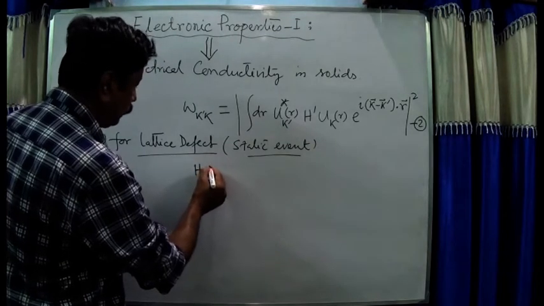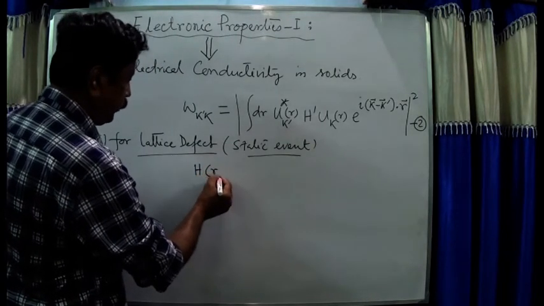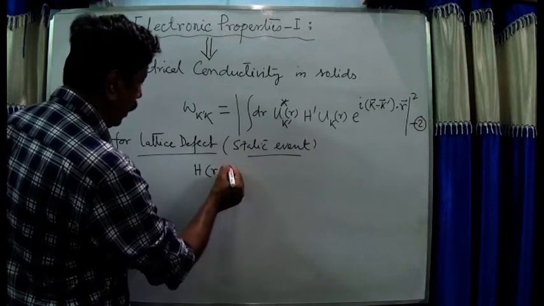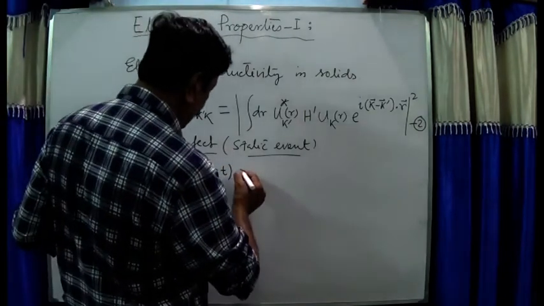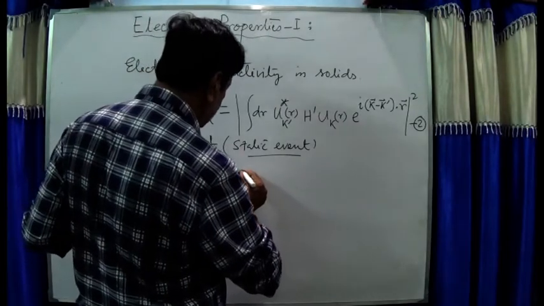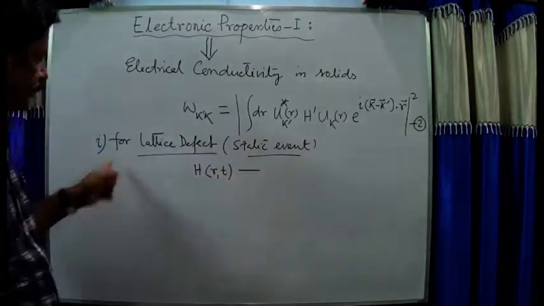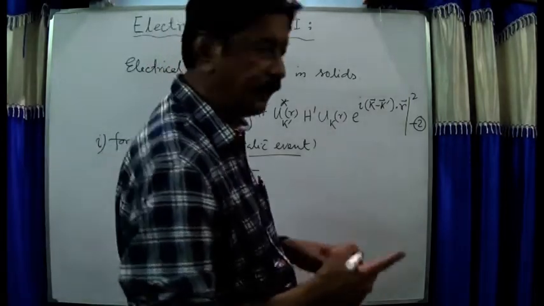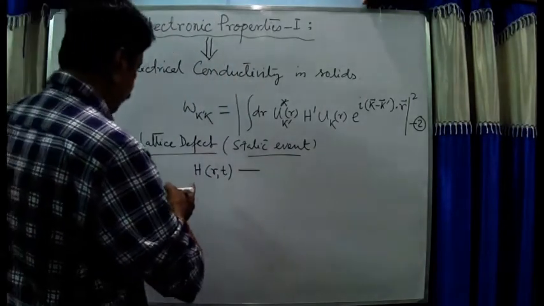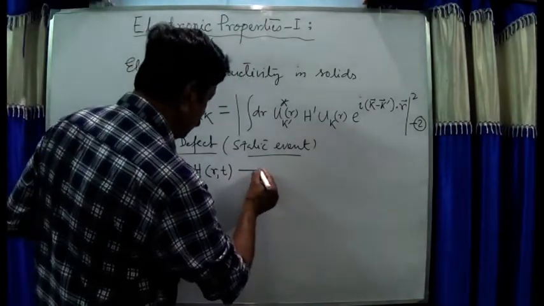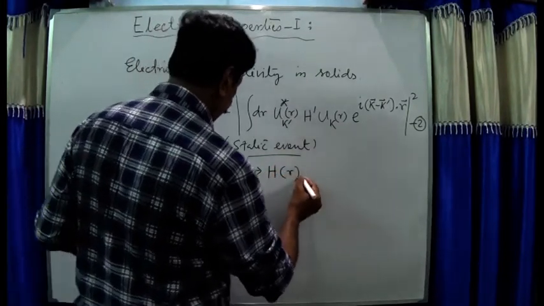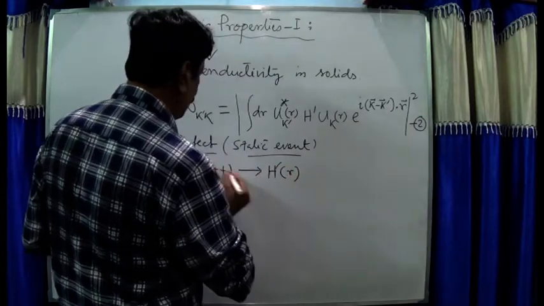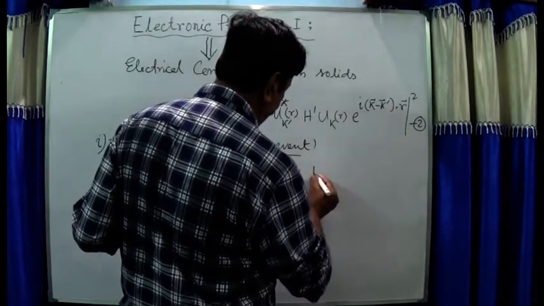So H prime, which in general may be a function of r and t, will be time independent for this static event.